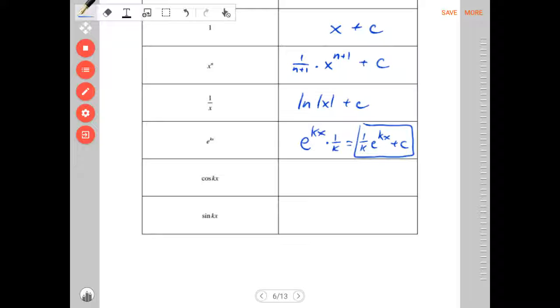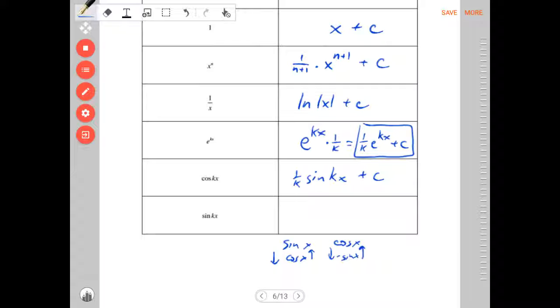Cos kx, that is exactly the same thing. The derivative of sine x is cos x, and the derivative of cos x is negative sine x. So the integral of cos is just sine, so that's sine kx, and then we have to multiply by the reciprocal of k, because that's the chain rule part, plus c.